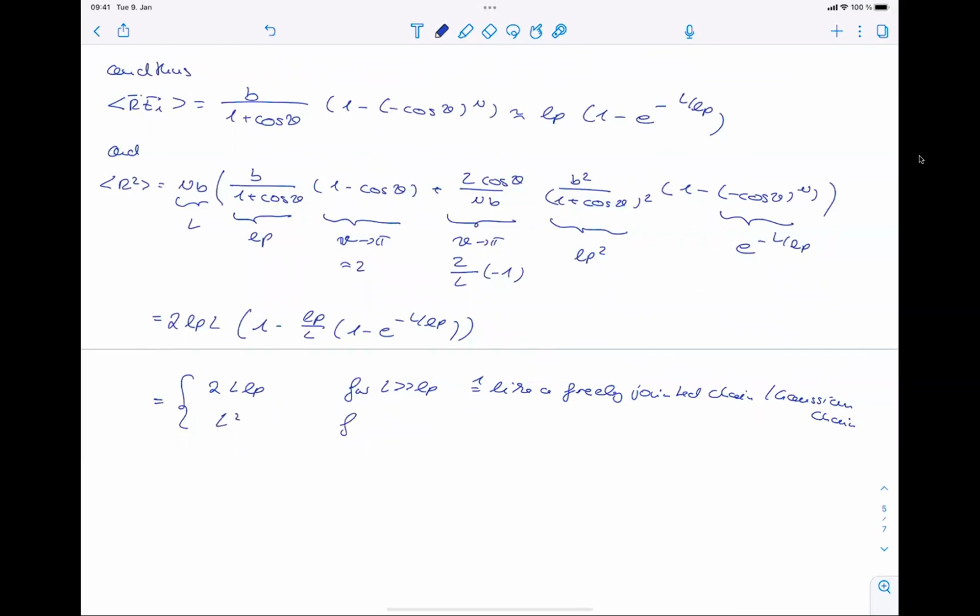We get an L squared for L much smaller than LP, basically for a rod.